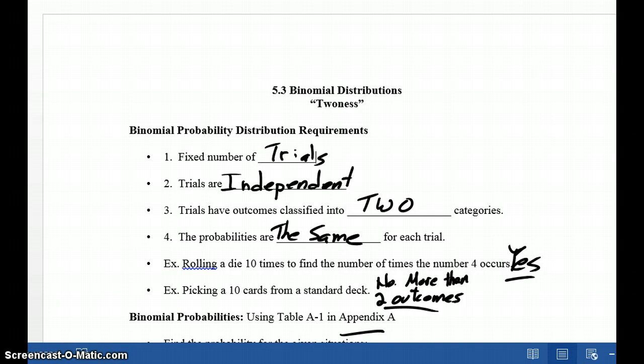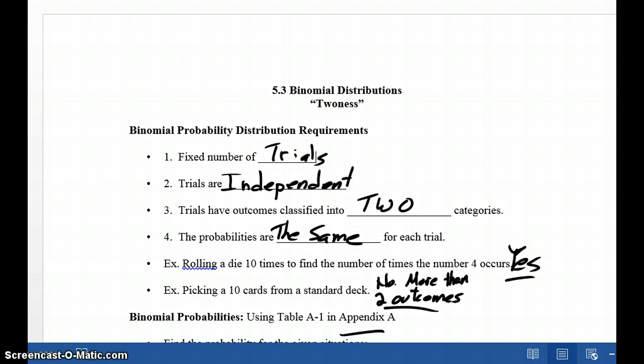You do have two outcomes: it either rolls to be a 4 or it rolls not to be a 4. And the probabilities are the same for each trial, so the chance of rolling a 4 each time is 1/6. So that one does meet the requirements for binomial.